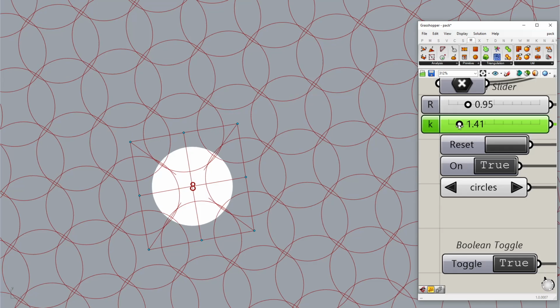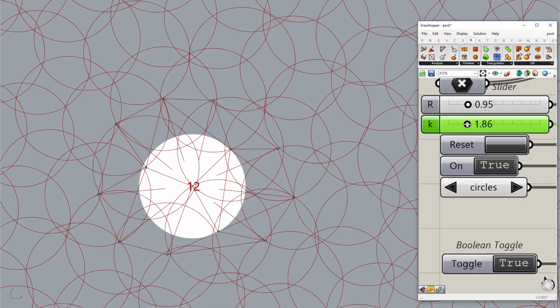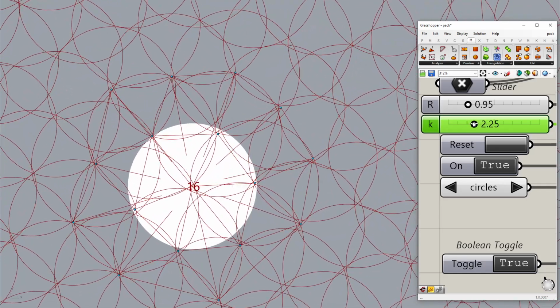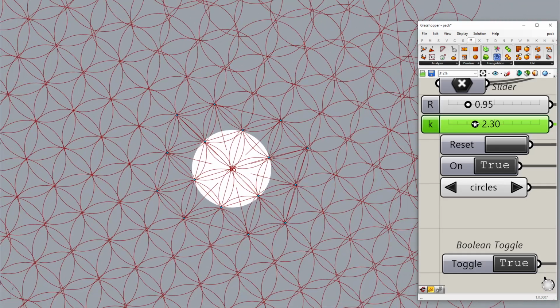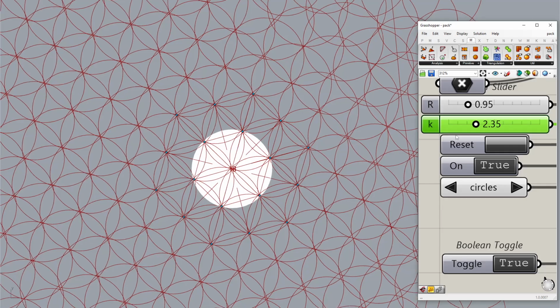If we still increase the pressure, it's going to change again at 18, more or less. We can see with 18 the pattern changes again to hexagon, triangles.